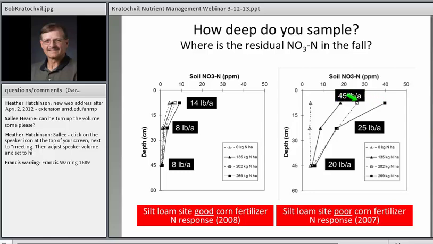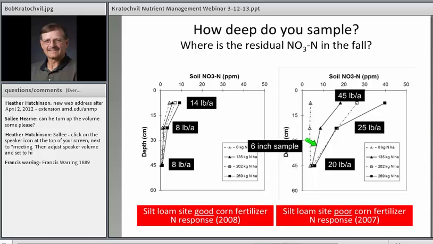I'm just showing the average for the 2 mid-level nitrogen treatments we had for corn, the 120 and the 180 pounds per acre. But you can see that we've got a considerable amount of residual nitrate in the surface 6 inches, and as we go down through the profile, the amount declines, but it's considerably greater than it was for the 2008 year.